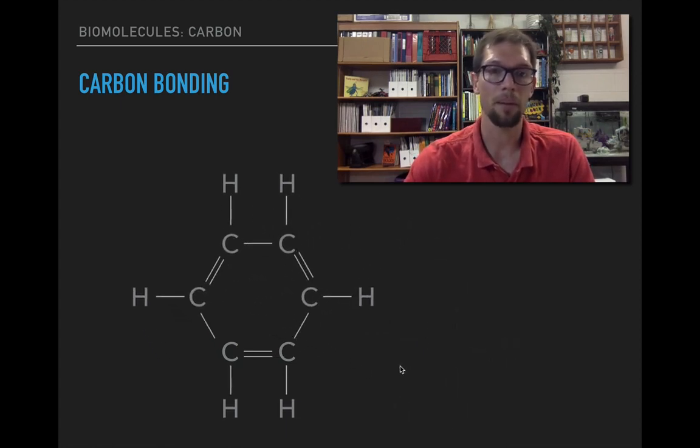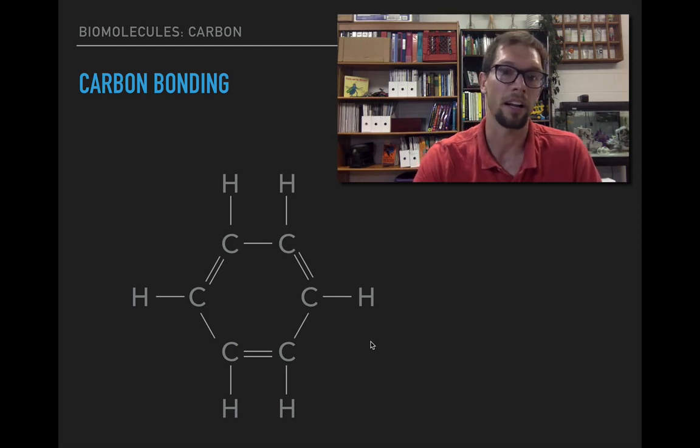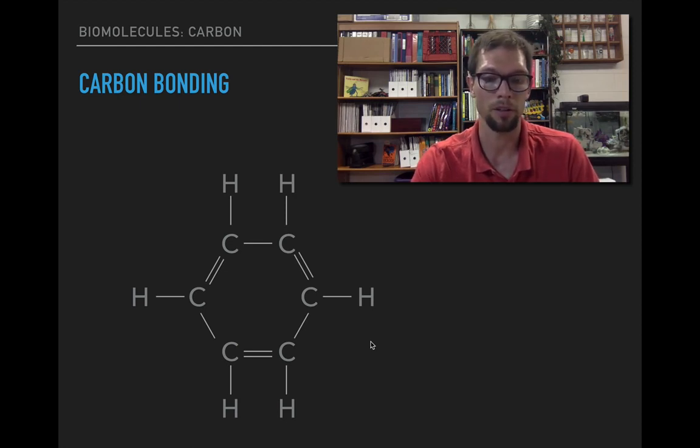Or you can get really complex structures such as a ring here. And the versatility of carbon is what really makes it so great. The different ways that it can bond allow for a lot of different structures, and so our biology can take advantage of this and use it for a variety of different important molecules.